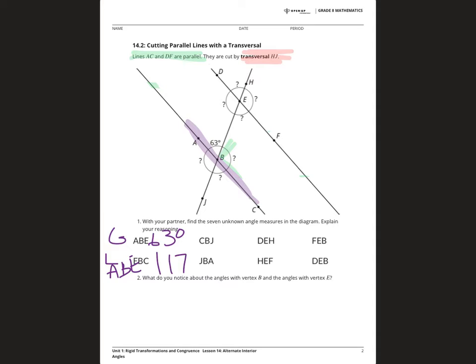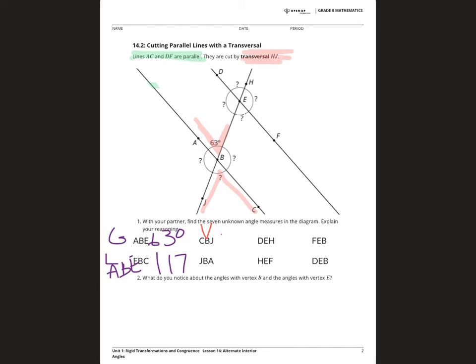Okay? All right. So now CBJ. So I'm going to erase all of this. Okay, so CBJ, right there. It is vertical to ABE. So right next to that, you're going to write vertical, and make sure you write what it's vertical to, ABE.